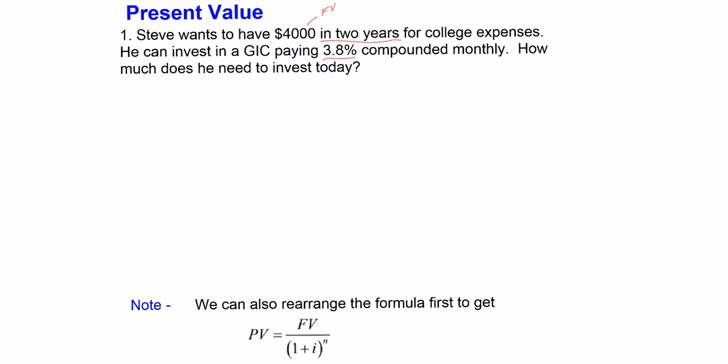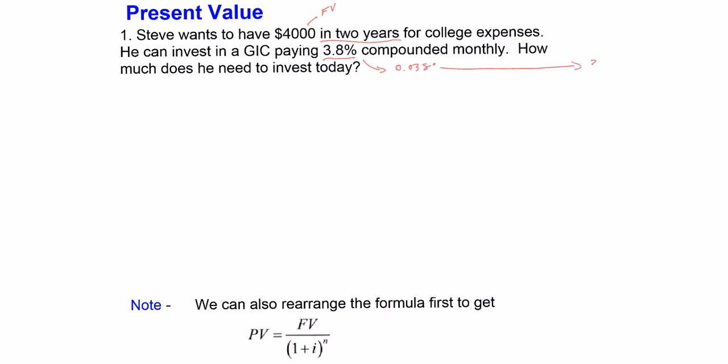This is the rate. Now, we're going to change that immediately to 3.8%, which is 0.038. And what I'm going to do is quickly show you where that comes from.